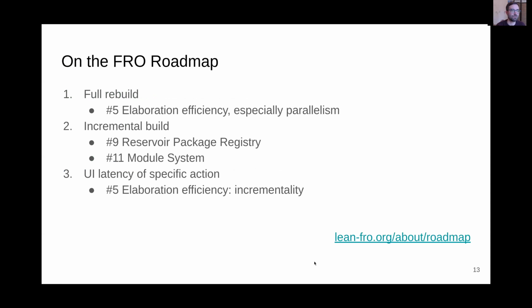Then there's a very general elaboration efficiency milestone, which, of course, if we improve any of the algorithms that are included in elaboration, if we make type class inference or specific tactics faster, that will improve basically all use cases of Lean and all metrics.